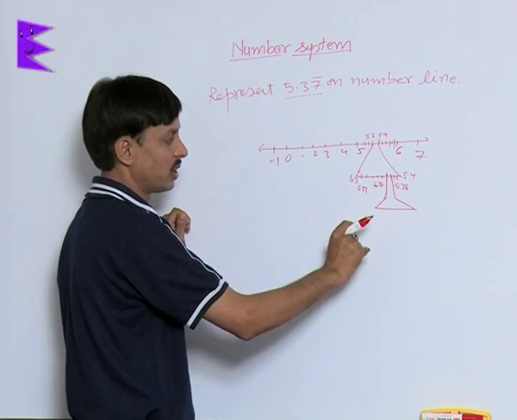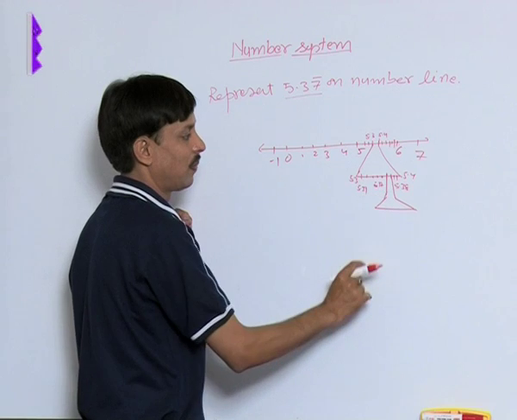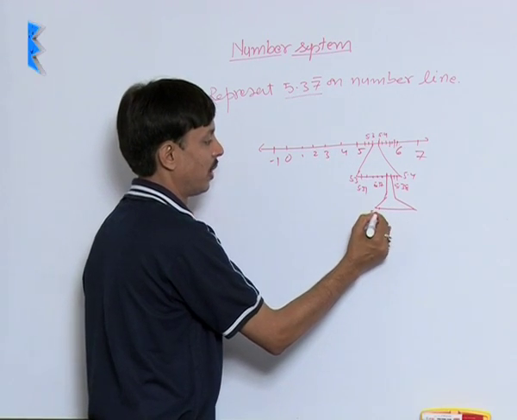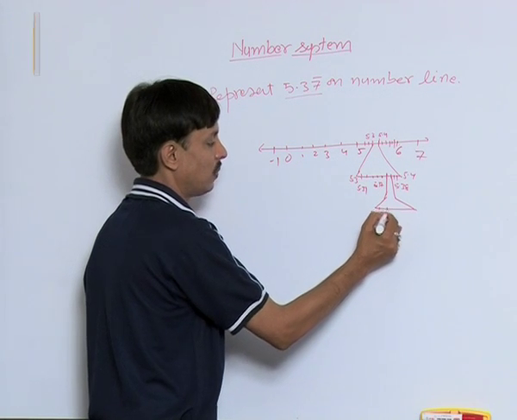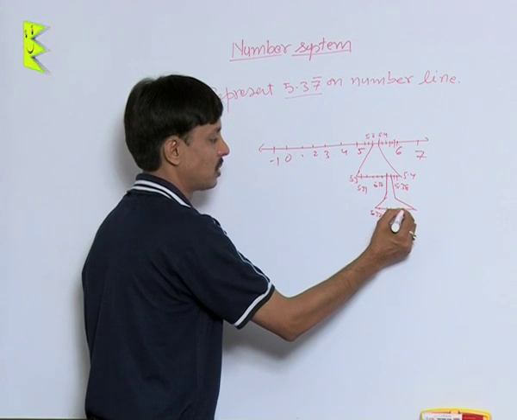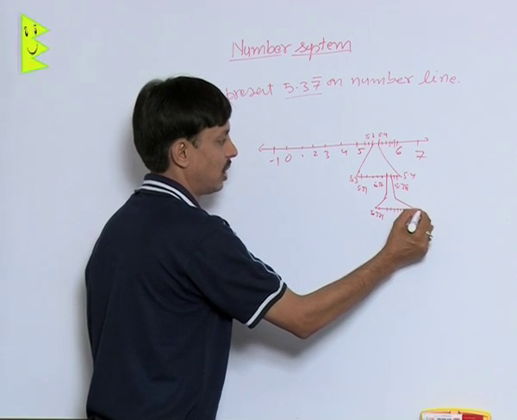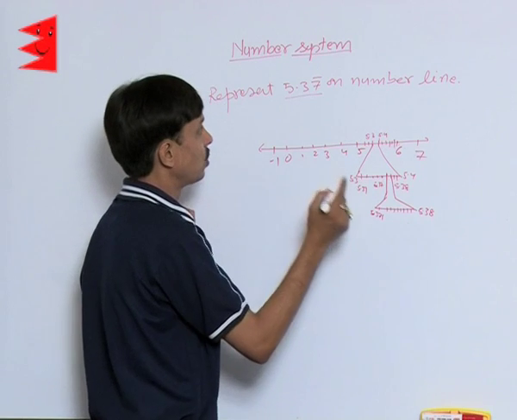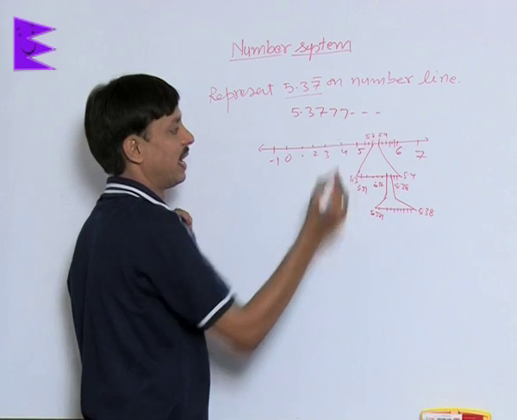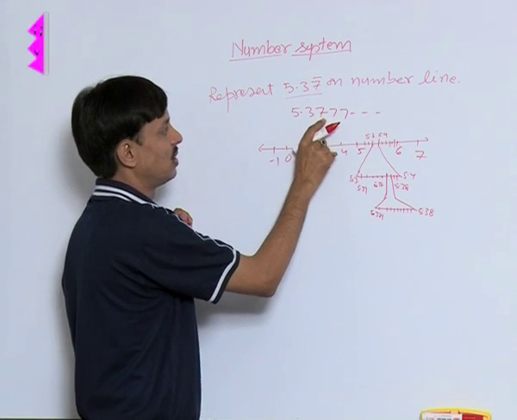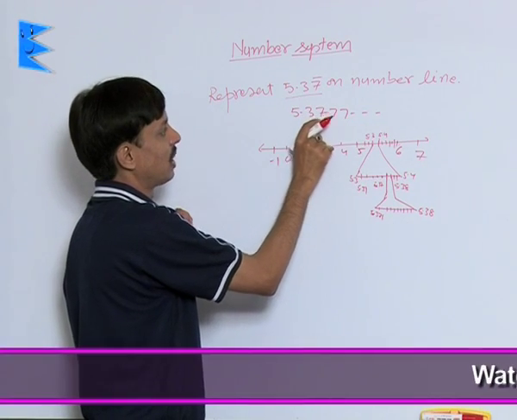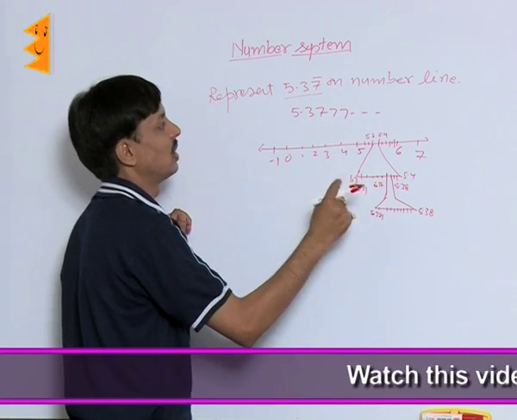So we are very close, between 5.37 and 5.38. Magnifying again, this is 5.371, 5.372, 3, 4, 5, 6, 7, 8, 9 and this is 5.38. So I need to represent 5.3777 like this. This is more than 5.377 and less than 5.378.